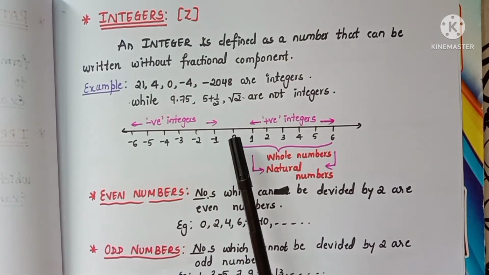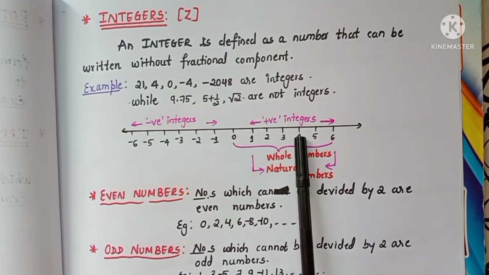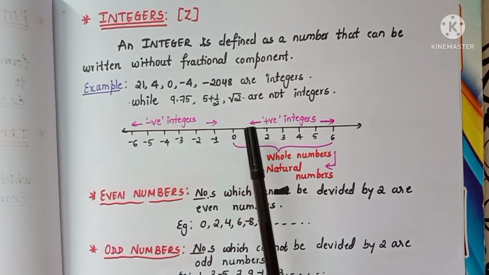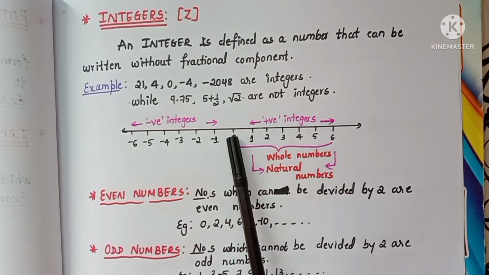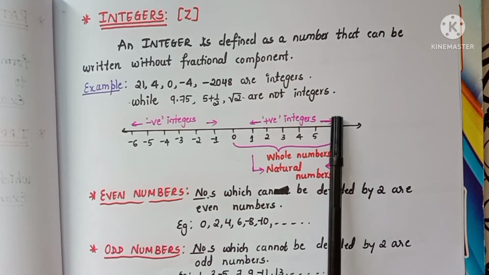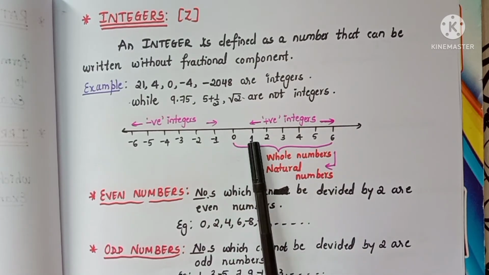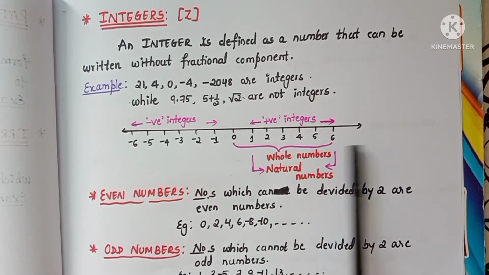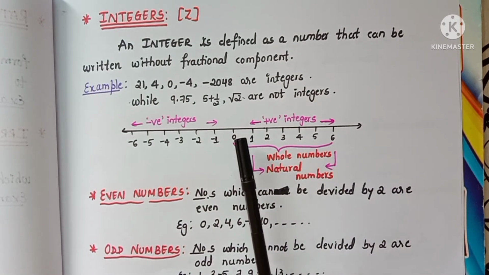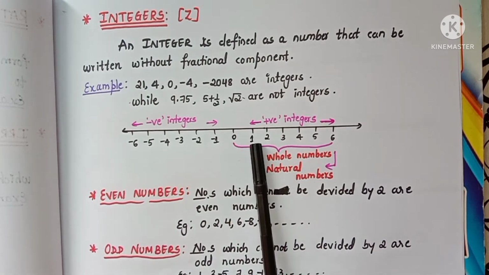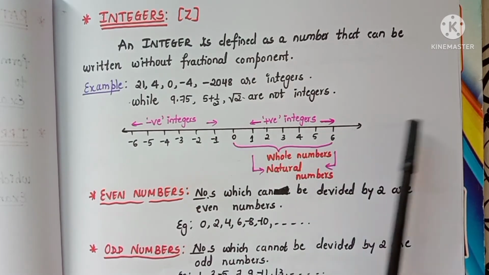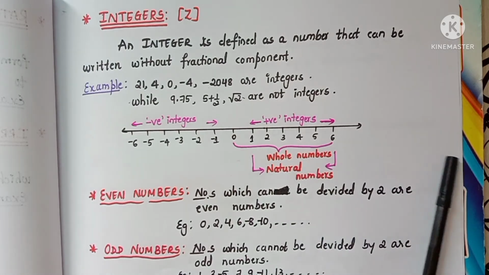Here 0, 1, 2, 3, 4, 5. Positive integers plus 0. Positive integers including 0 is what? Whole numbers. Whole numbers are 0, 1, 2, 3, 4, 5, 6 and so on. Excluding 0 from 1, 2, 3, 4, 5, 6, all the positive integers are what? Natural numbers.